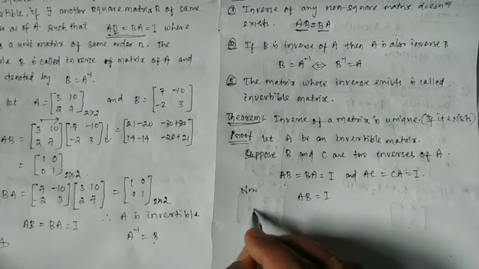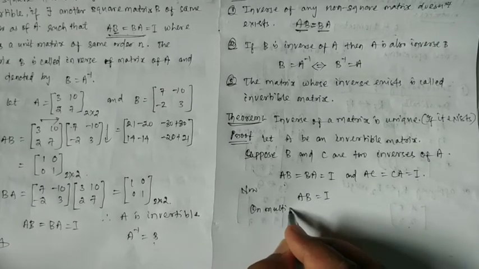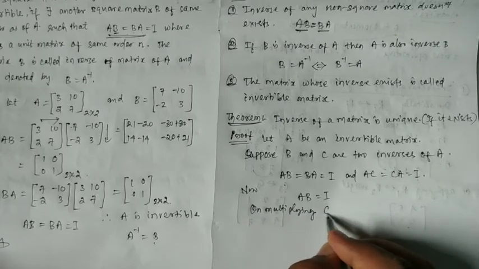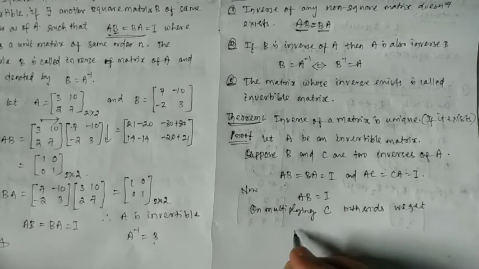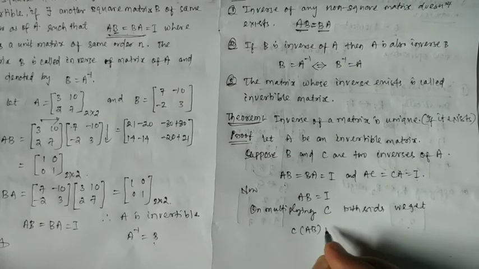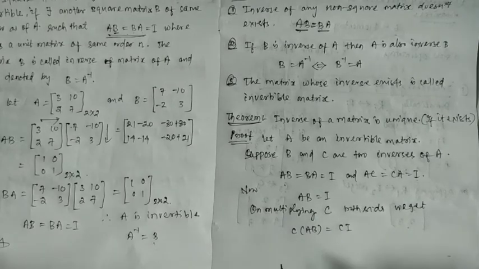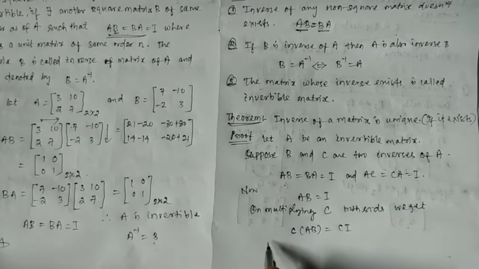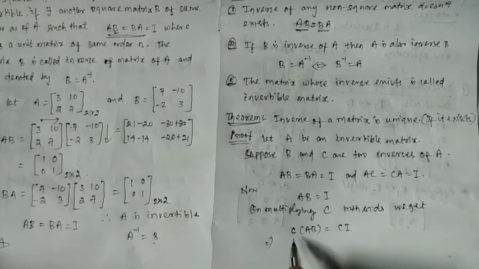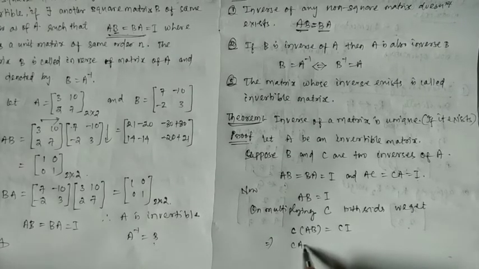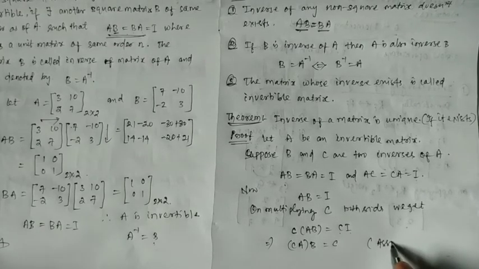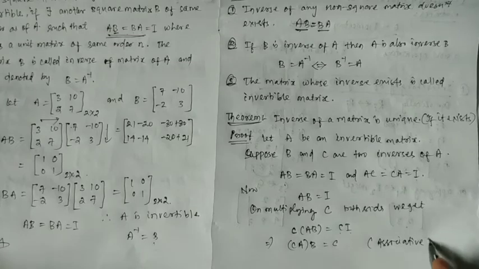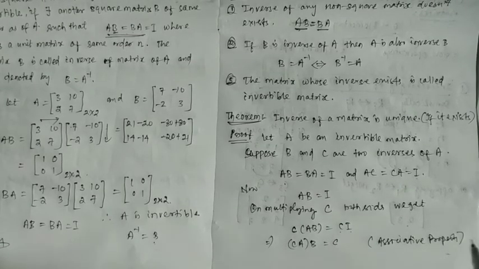On multiplying by C on both sides, we get C times AB equal to C times identity matrix. That implies, by applying the associative property, we can write that CA times B equal to C times identity matrix, which is also C, by the associative property of matrix multiplication.